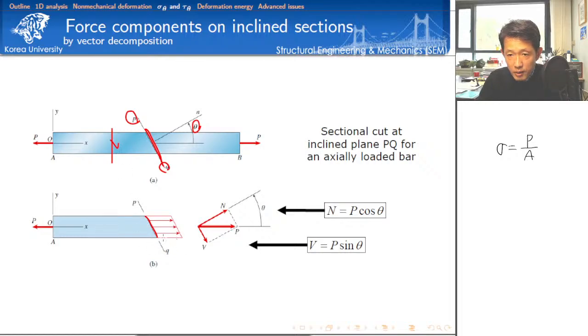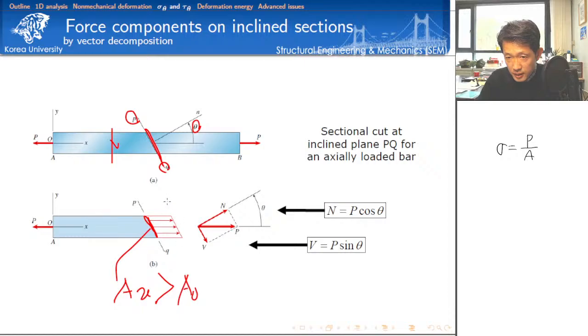So if you want to calculate the traction on this surface, we have to divide. I want to call this area A theta. As I told you, A theta is greater than A naught, the reference area.